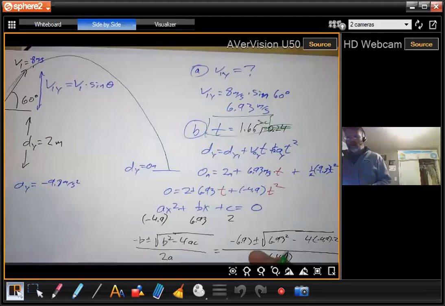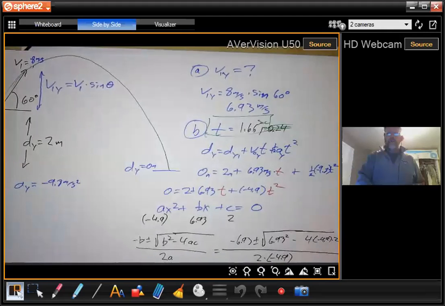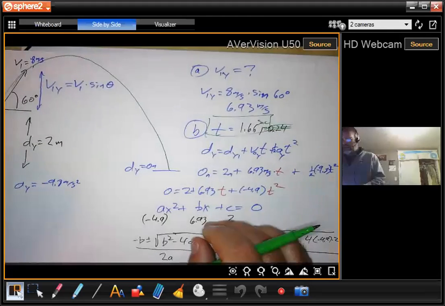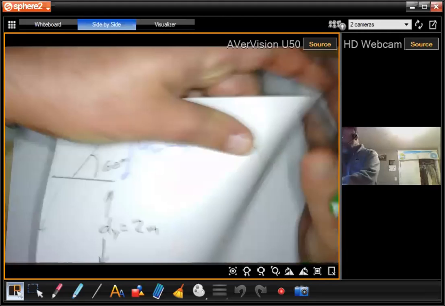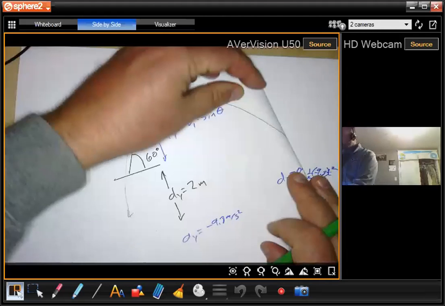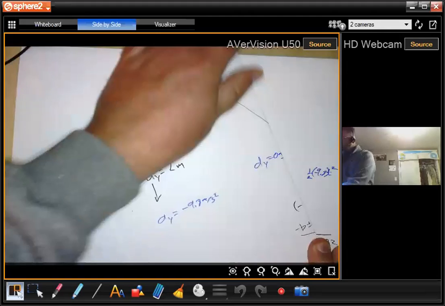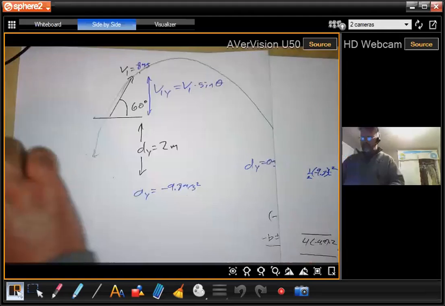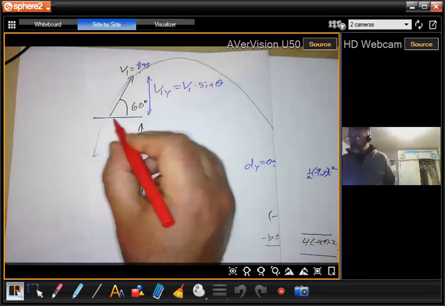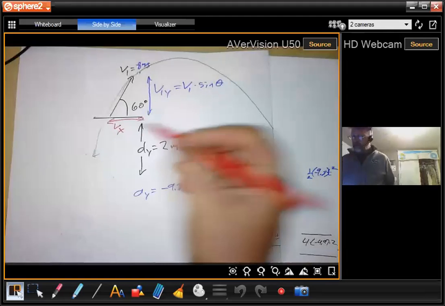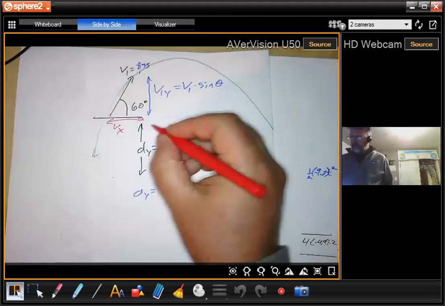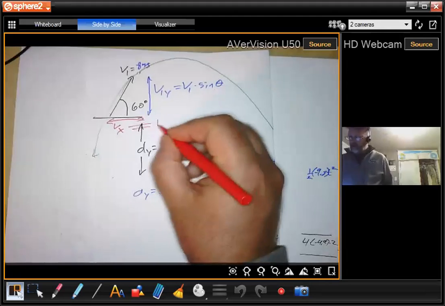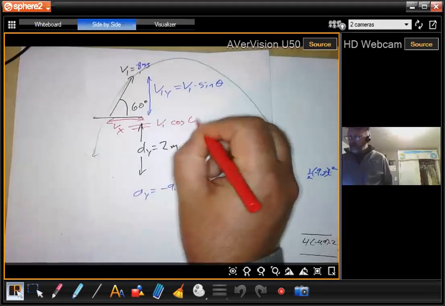All right, so let's go on to part C here. What is our velocity in the x direction? Okay, that's starting to get a little bit easier. All right, I'm just gonna kind of put this aside. I like my drawing. All right, now we're looking at what is her velocity in the x. Okay, we said opposite was sine, so v of x is going to equal v1 cosine theta.